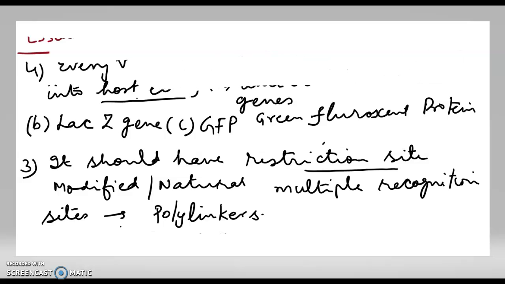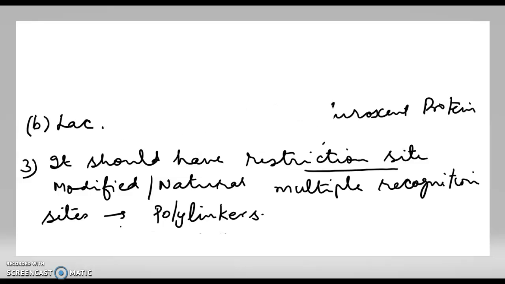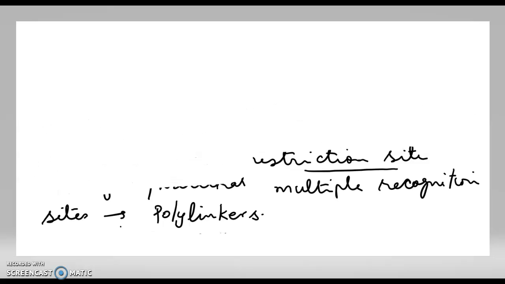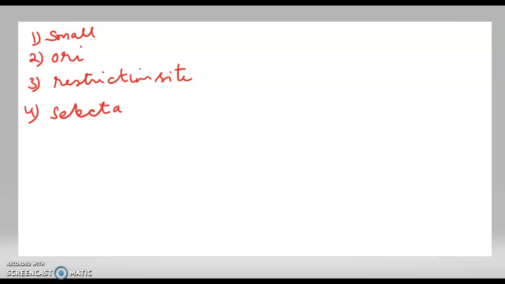So finally, we know that 4 features are required in all the vectors, whether we are using plasmids, phages, bacterial artificial chromosome or yeast artificial chromosome, animal or plant viral vectors. We need small size, second ori site, third restriction site or recognition site, fourth presence of selectable marker.